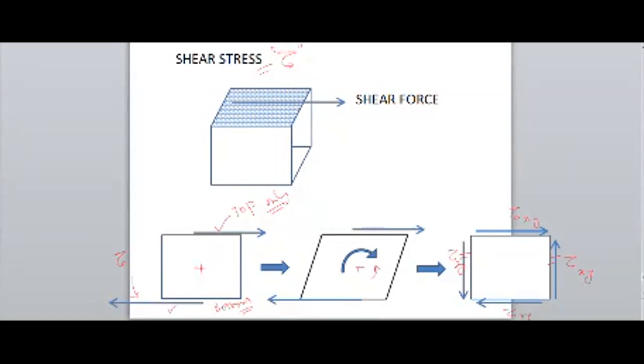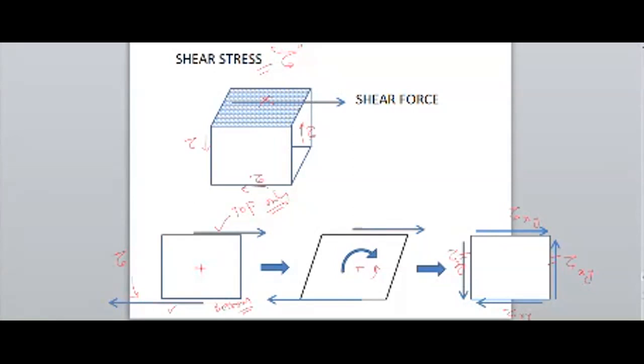These two parallel forces are created automatically to see that the body is in equilibrium condition. This is called complementary shear stresses. So I have applied the load only on the top face, but on the two side faces and the bottom face, the shear stress will be created automatically.